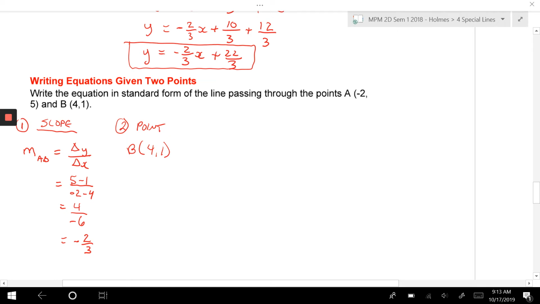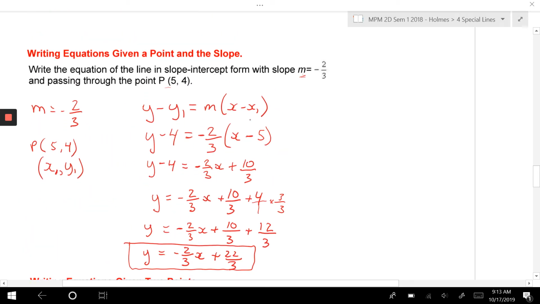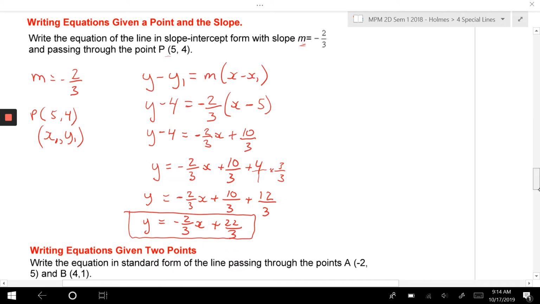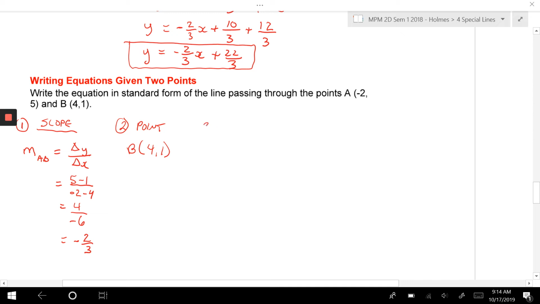And so now that I have a point and a slope, I do the same thing as the previous question. I use my point-slope form of the equation. So step 3, use my equation. So I get y minus y1 equals m times x minus x1.